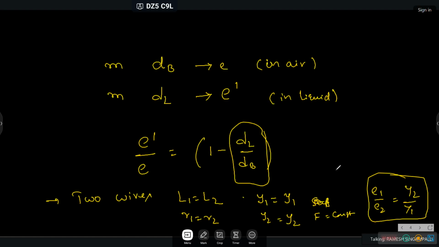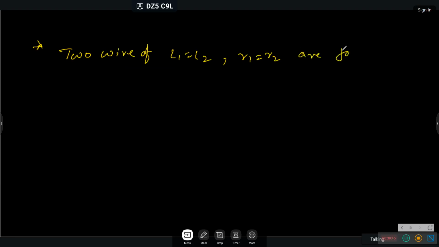Put star mark, amma. In parallel, series combination like this one also. Two wires, put star mark, next point. Two wires of same length and radius are joined end to end.